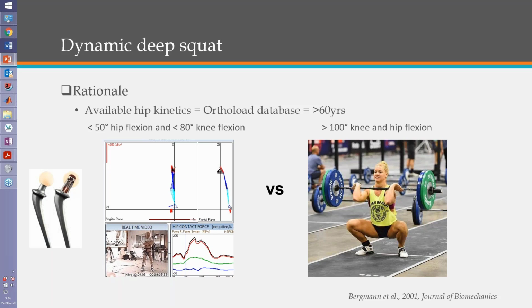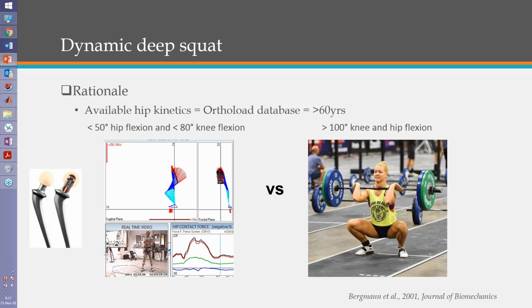But this library has been built with mainly older subjects who were in need of a total hip replacement and got an instrumented implant. So that gives us some in vivo detail on joint reaction forces and also kinematics.